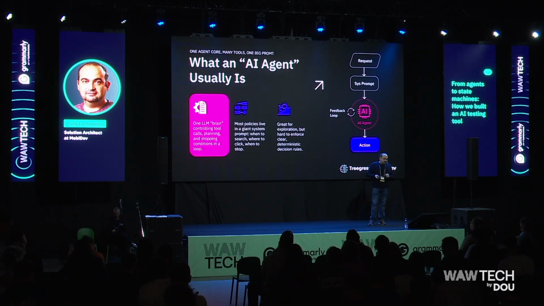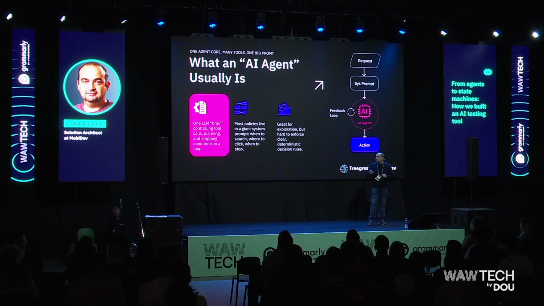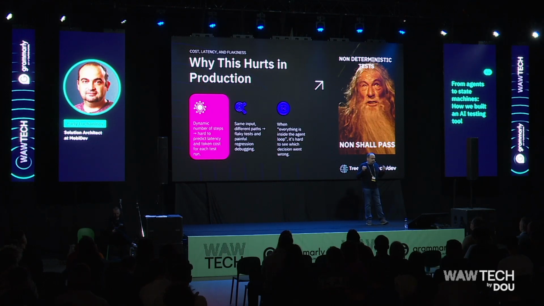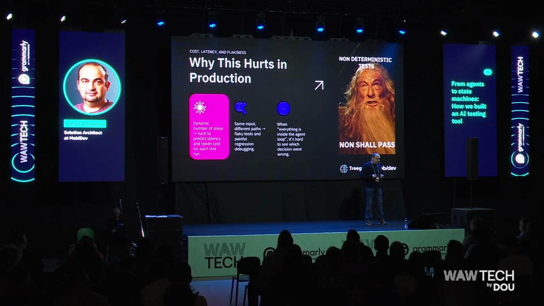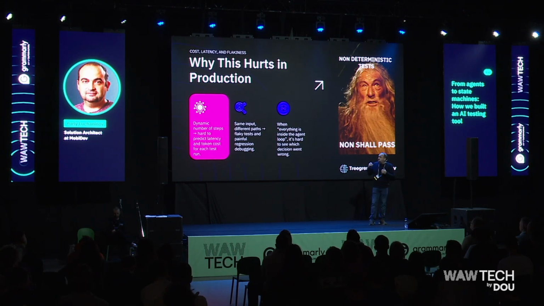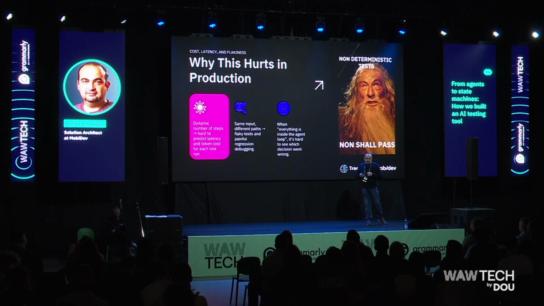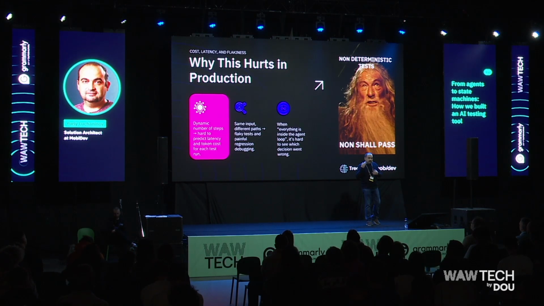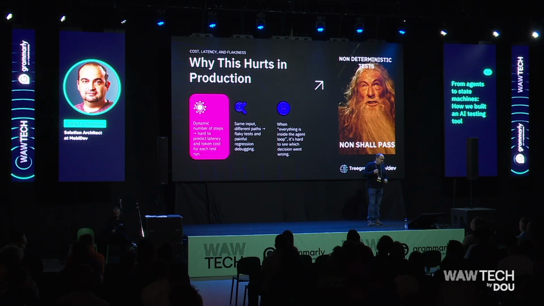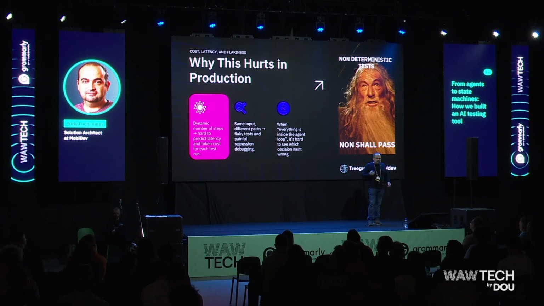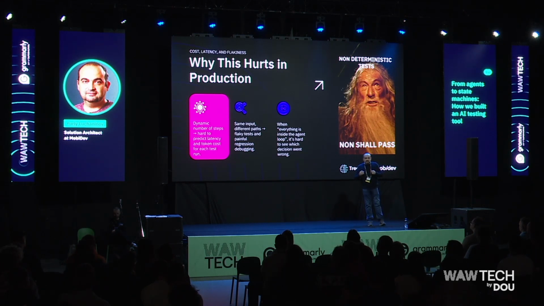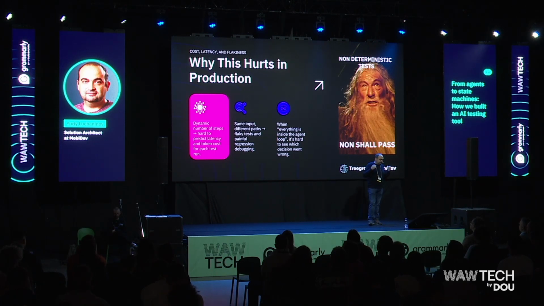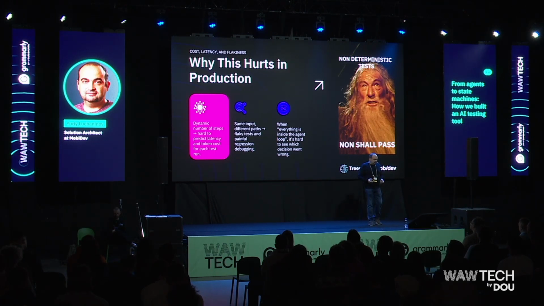But if we talk about testing, it could hurt in production. First of all, a dynamic number of steps leads to unpredictable latency, and it could hurt the business because you can't predict token cost.